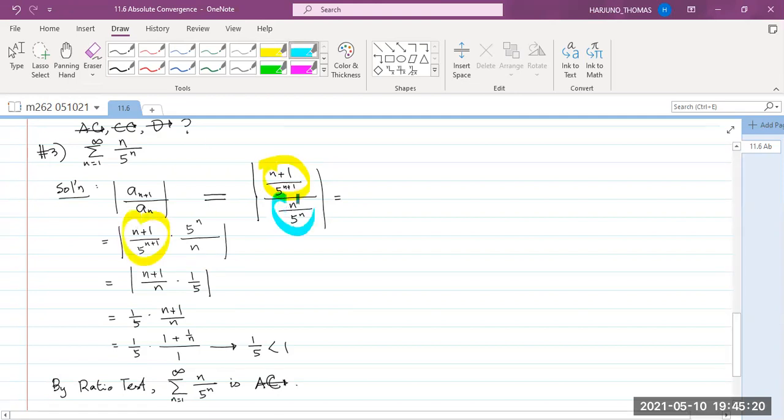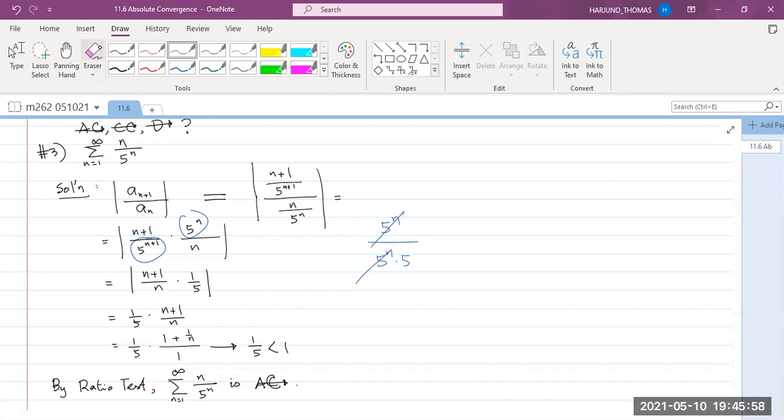Yeah, I understand that part. Maybe I should have asked if you could explain the third line, because how do you know what to eliminate? It's 5 to the n and 5 to the n plus 1. What is that? That's n over 5 to the n times 5. Oh, okay. That explains a lot.